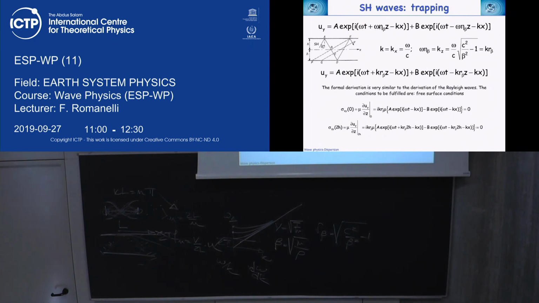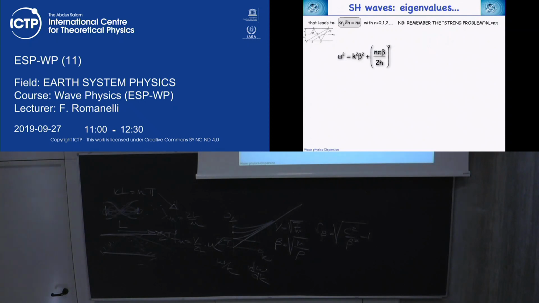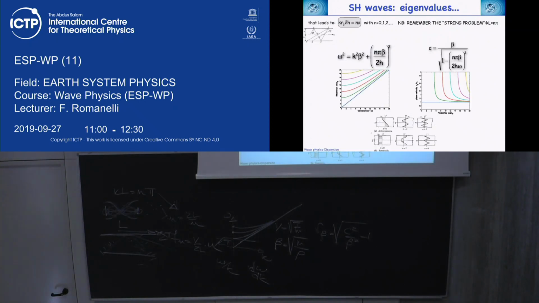Okay? Let's give a look to the displacement here. Look, I'm sorry, because I've not found a better plot than this one. I found very nice animations that are later, but they are coming from EM waves. But the meaning is the same.